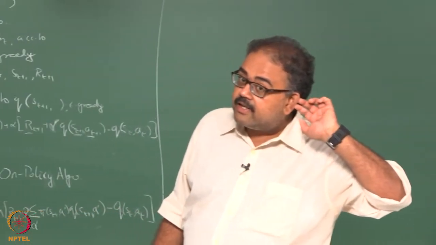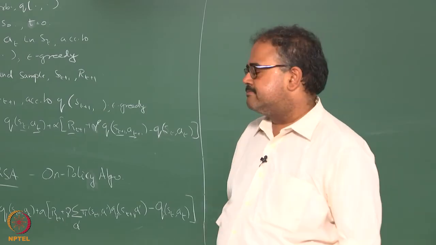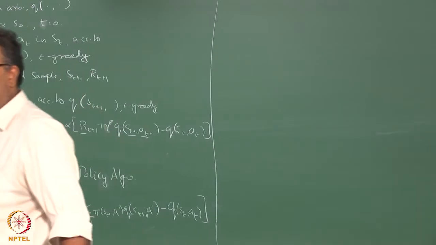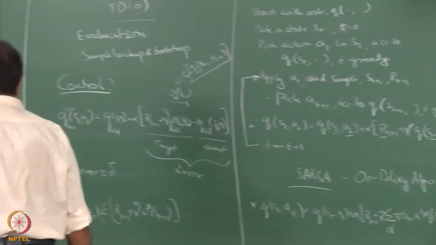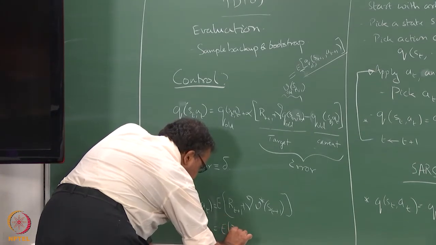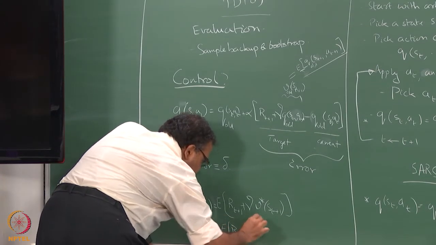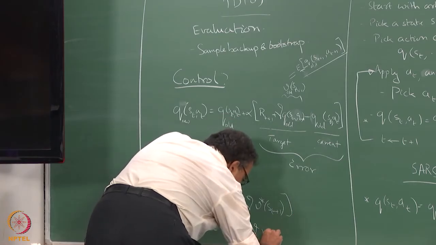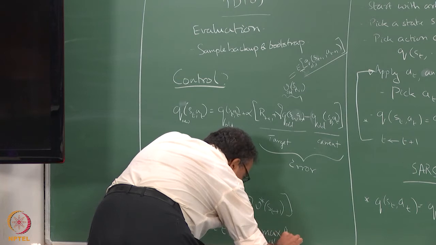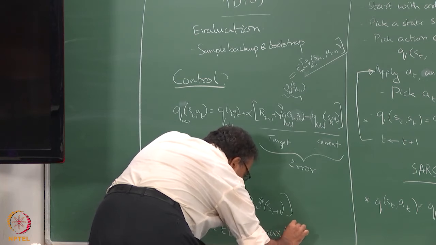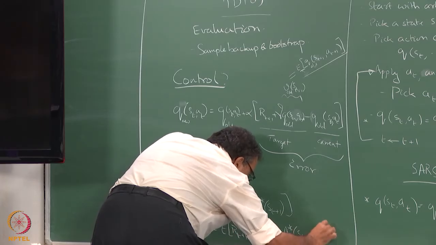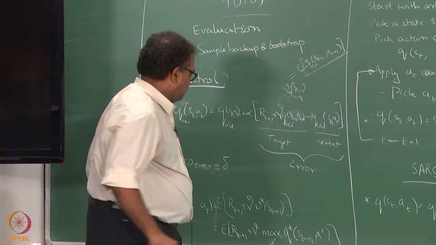V star is the max, it is the best, there is no pi here, I am talking about the optimal value function. So this is in turn equal to, correct.